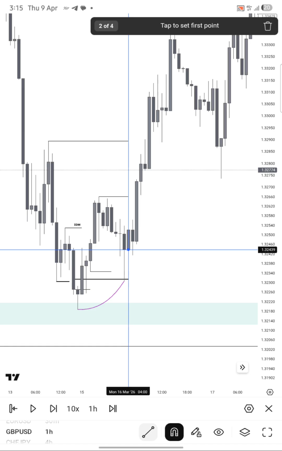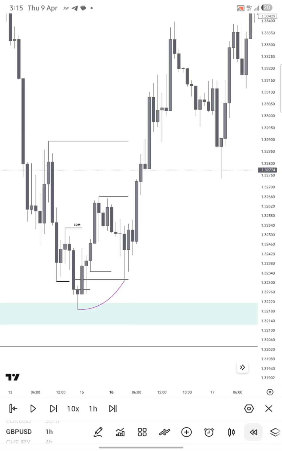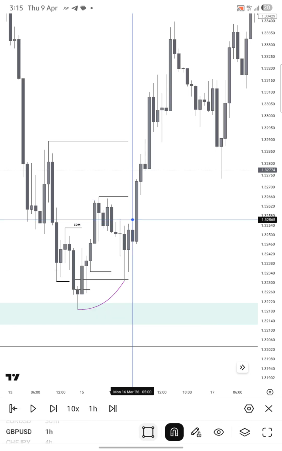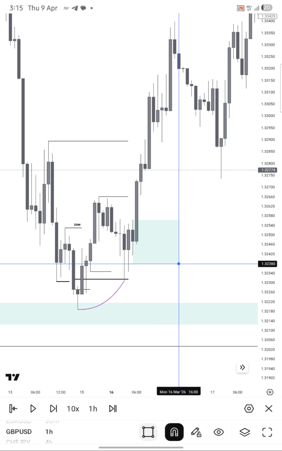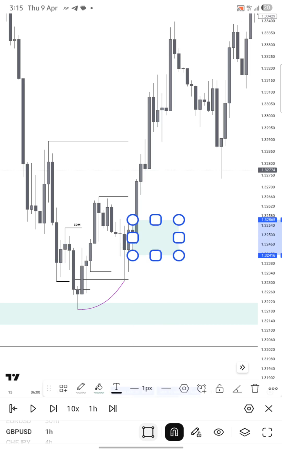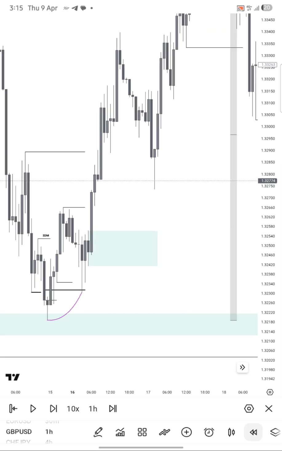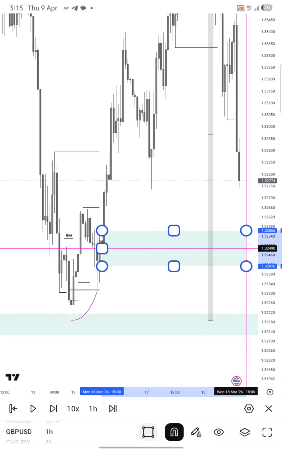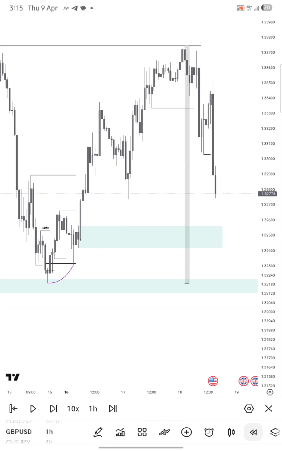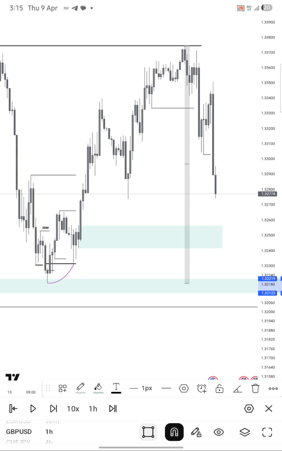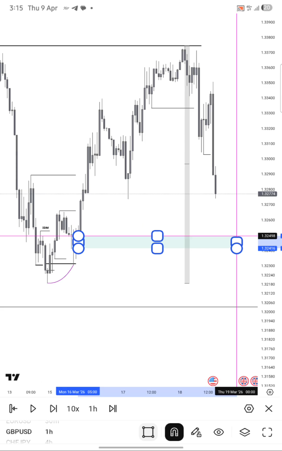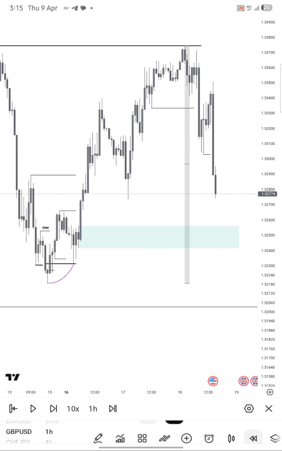this zone, like I told you before, is called a continuation supply zone by other retail traders, but it is a sponsored zone. Okay, a sponsored zone. I will get into this more deeply in another video.